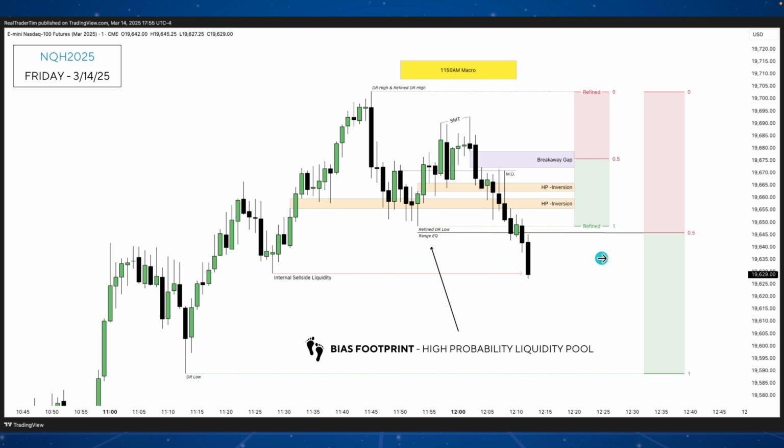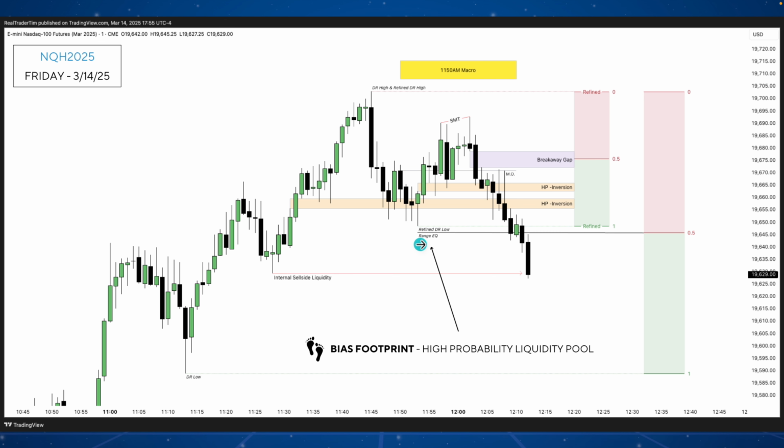So again, I want to use both of these dealing ranges in specific ways. If we start to see a deeper retracement, we have to look at sell side objectives in a discount of this larger range. And what do we have? This low here. On top of this, which makes this acceptable for a short setup, is this bias footprint right here.